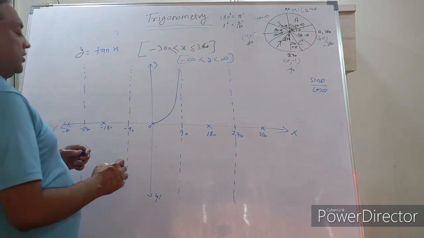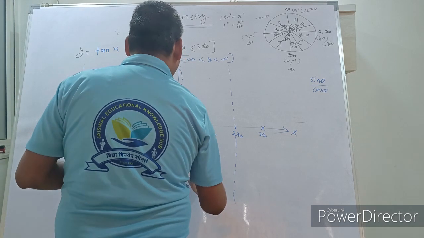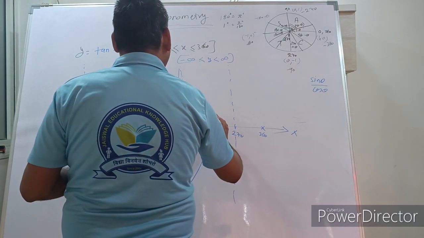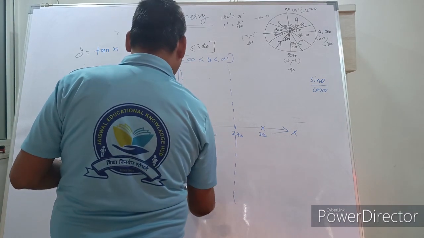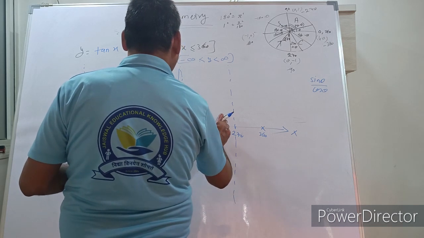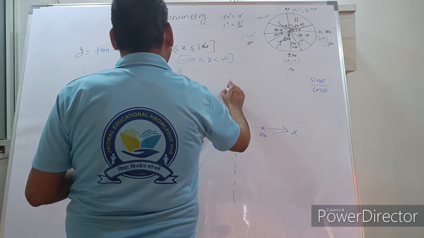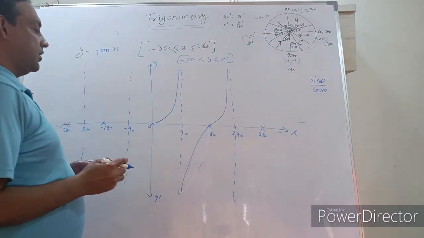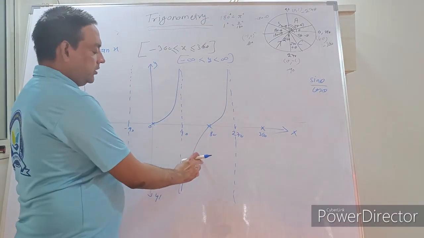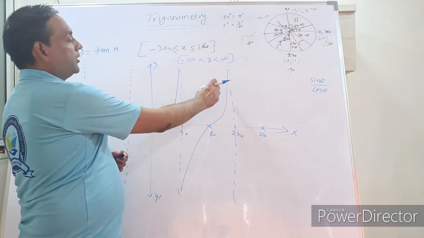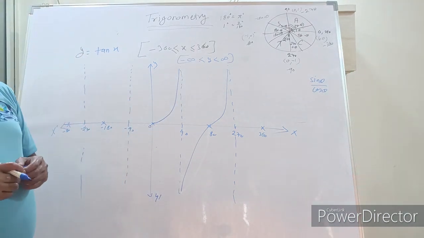So now start from here, it will be going like this. It will be negative in the second quadrant and positive in the third quadrant.